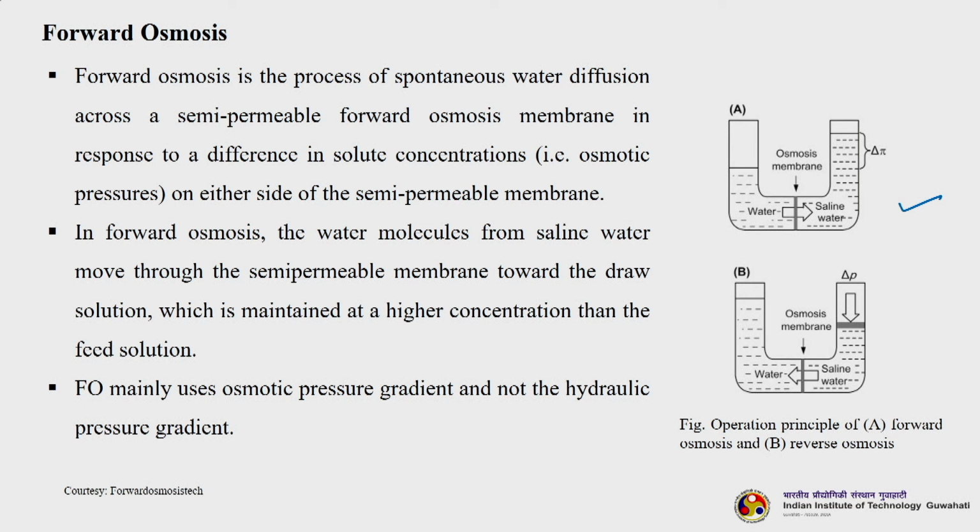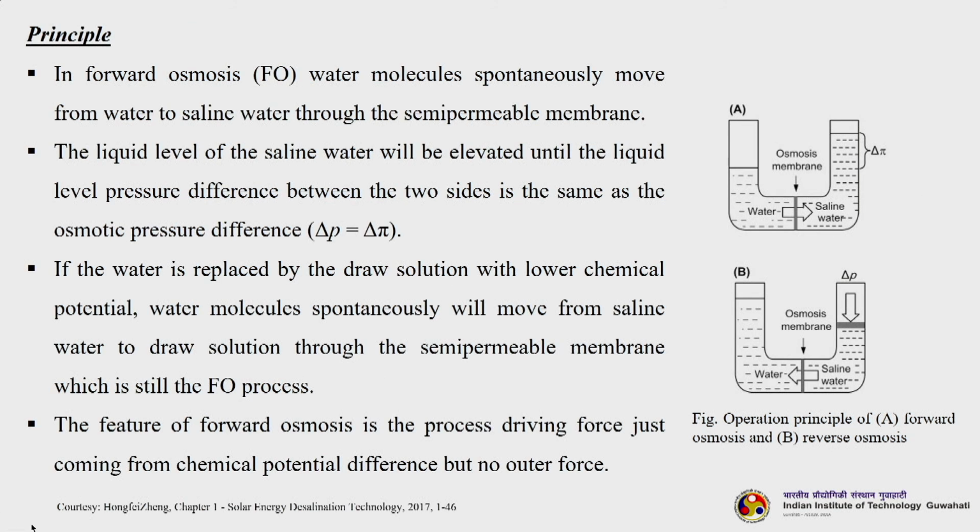So, FO mainly uses the osmotic pressure gradient and not the hydraulic pressure gradient. So, this is your usual arrow. When you have to apply a delta P to overcome the delta pi. In forward osmosis, water molecules spontaneously move from water to saline water using this semi-permeable membrane.